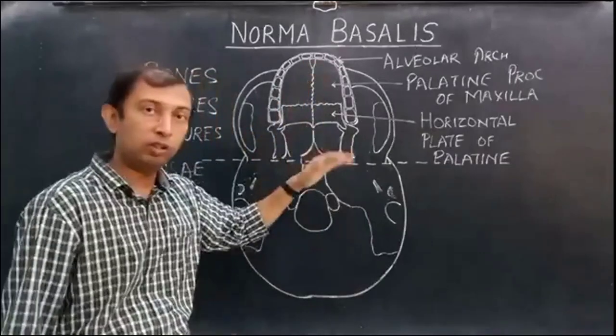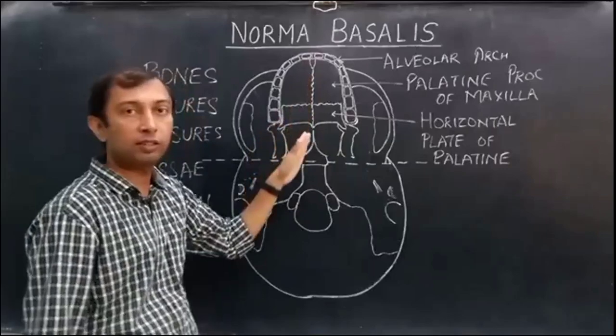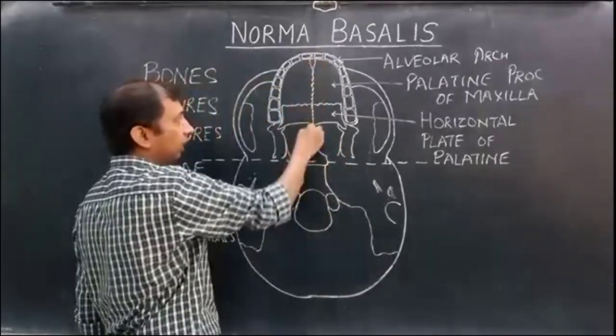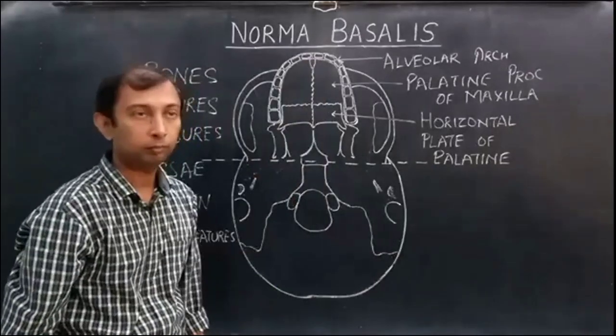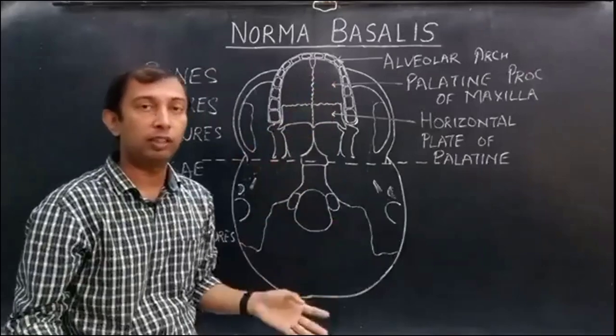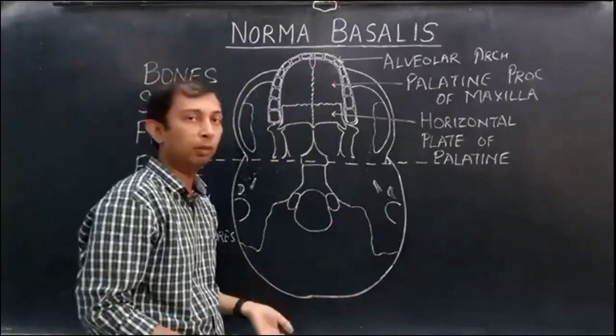Now, obviously, because they are separate bones and they are joined together, they will have some sutures in between them. In the midline, we can see a median suture, right? So what name can we give? Naming of the sutures is very easy. We just have to name the bones.